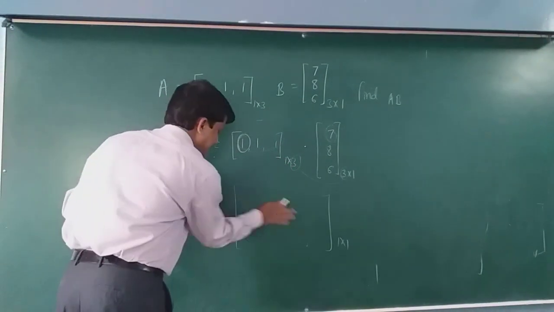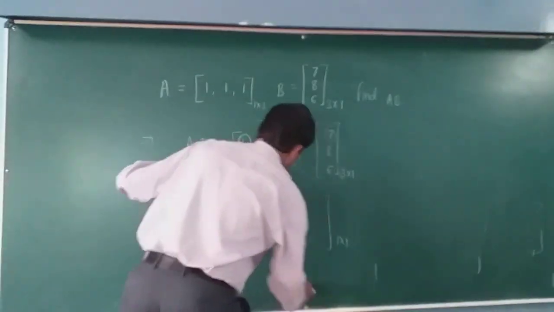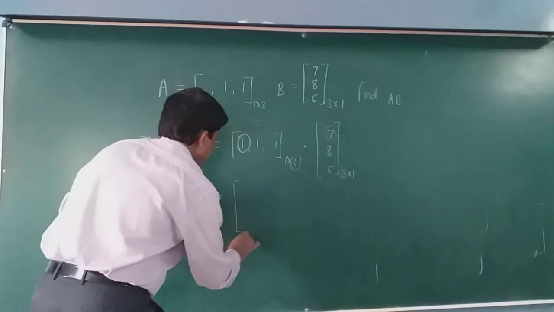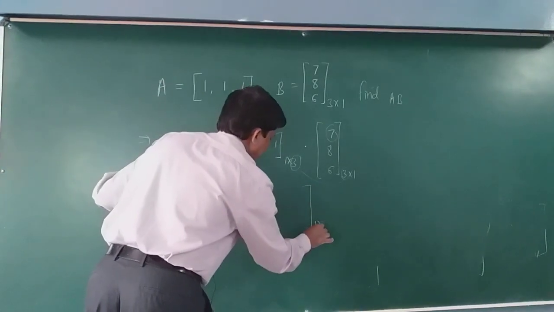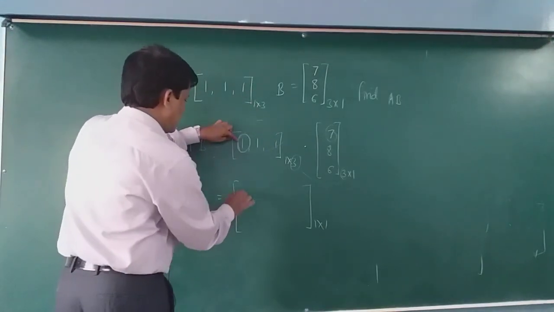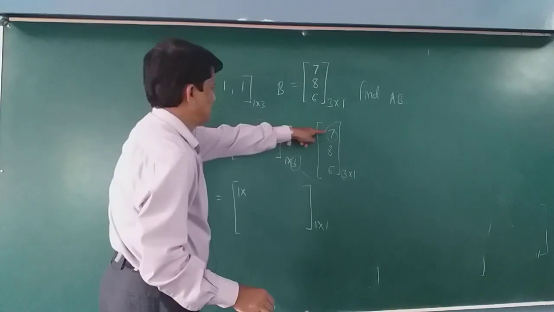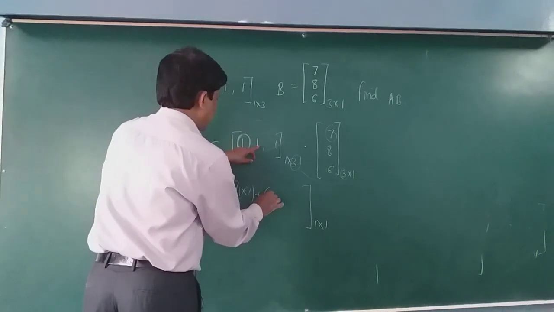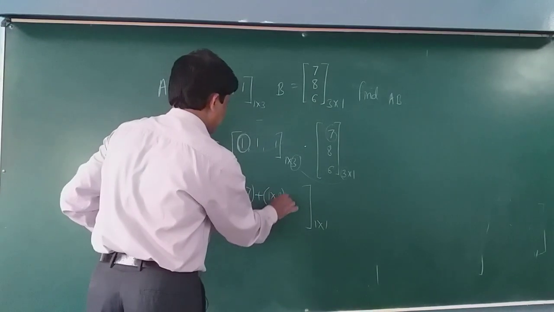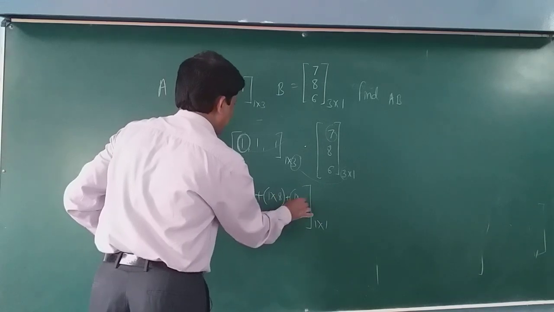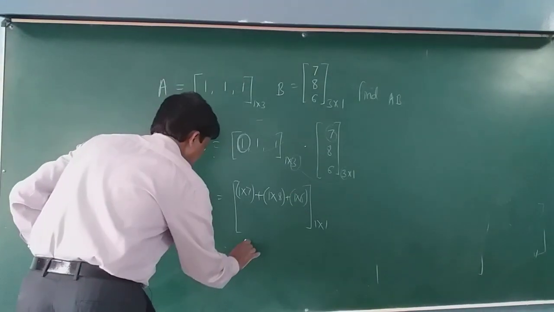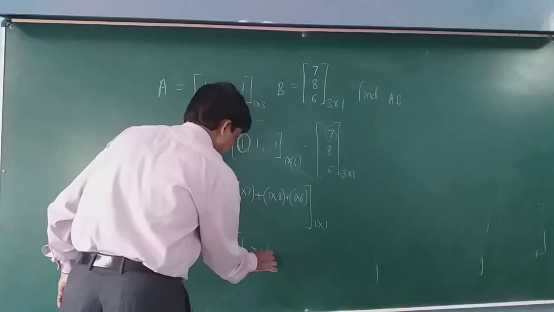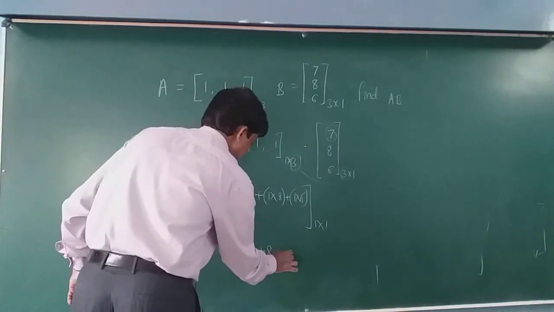So I am writing the detail here. The order will be 1 by 1. So 1 multiplied by 7, plus 1 multiplied by 8, plus 1 multiplied by 6. So what will be the answer? 7 plus 8 plus 6.